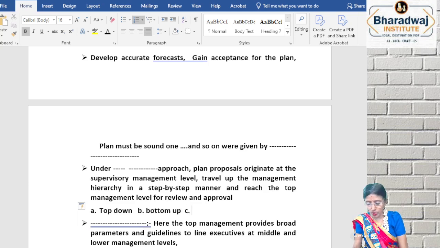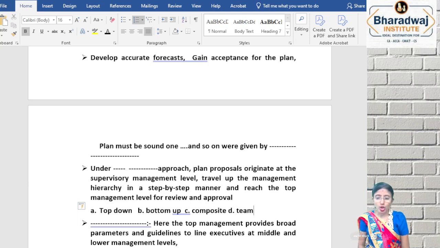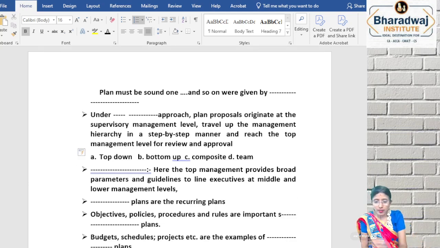Composite approach is one. Team approach is another. Top-down is what is your choice. And next one is, here the top management provides broad parameters and guidelines to line executives at the bottom, from top down to bottom up. No. Okay, I understood. I got your answer.